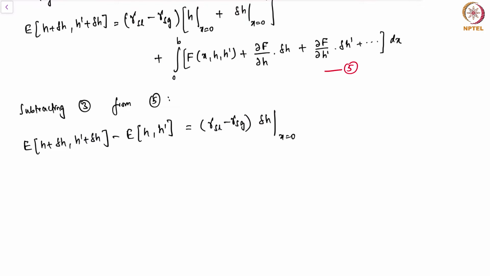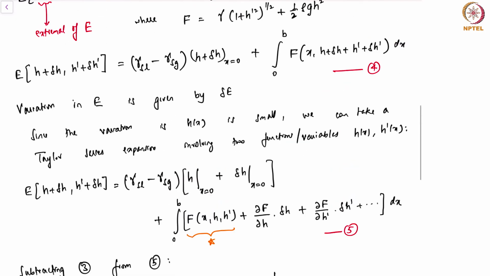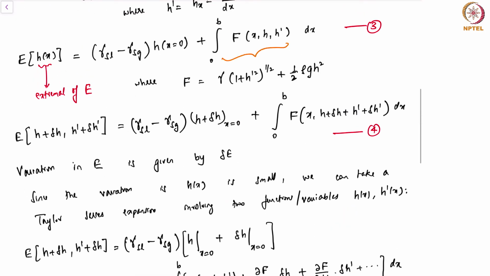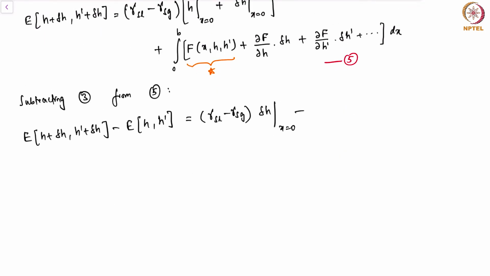Then this term that I am marking with a star is the same as what we had earlier, so these two get cancelled out, and what gets left is only those two terms in the integral from 0 to b: del f by del h of delta h plus del f by del h prime of delta h prime, dx.